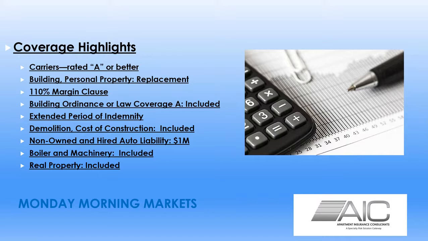Got it. Okay. Non-owned and hired auto liability. Yeah, what's that? $1 million. So if you have cars or golf carts, which is a big thing for apartment complexes, if you have those on property and you use them in the course of business, it's covered up to $1 million.